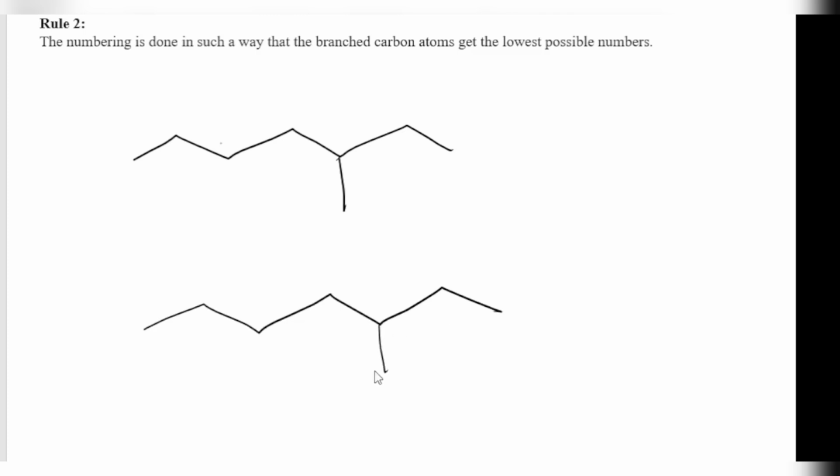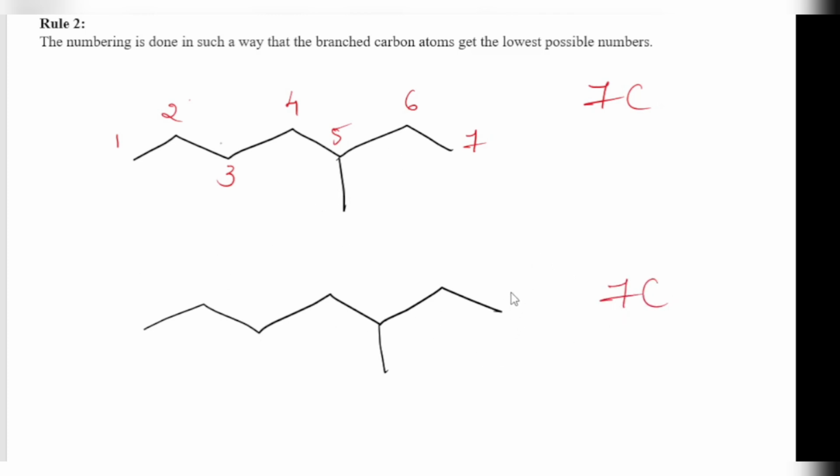I can name it from this end, that is from left side to right side, as 1, 2, 3, 4, 5, 6 and 7. The principal chain has 7 carbon atoms. Same thing over here, it contains 7 carbons in the principal chain.